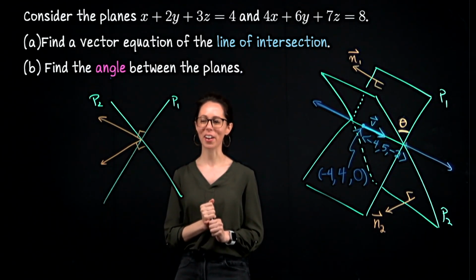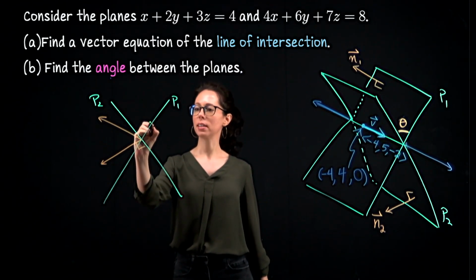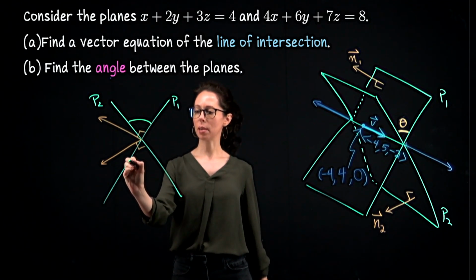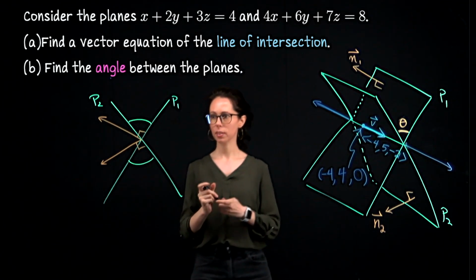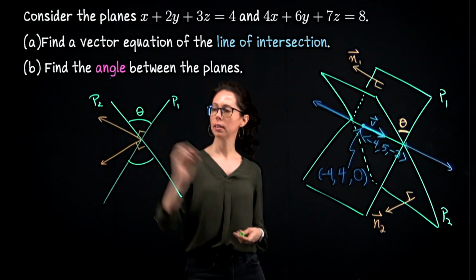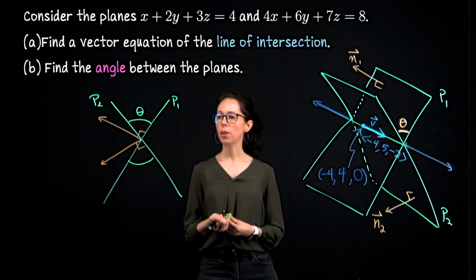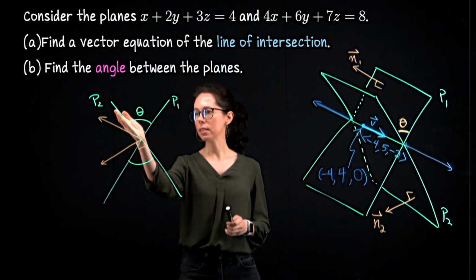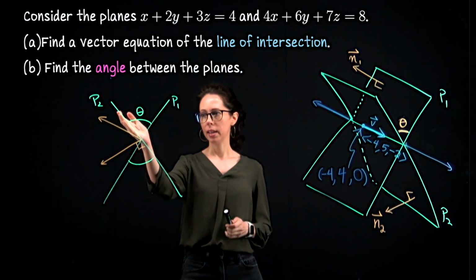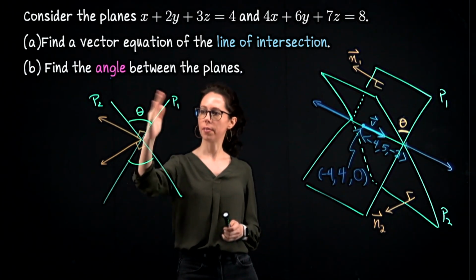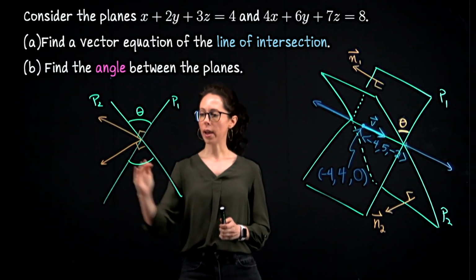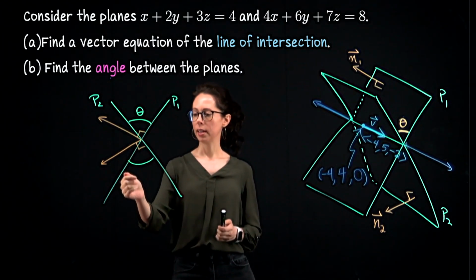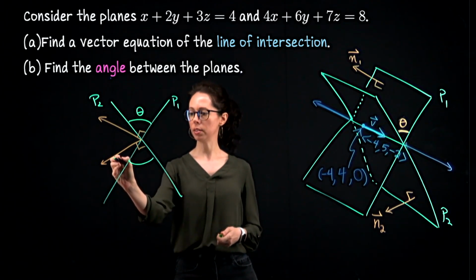Okay, it's not a perfect diagram. We want to find this angle, which is the same as this one. So this is our angle theta. Notice that this little angle in here is the complement of theta. Likewise, this little angle in here is the complement of theta. So these two angles are the same.